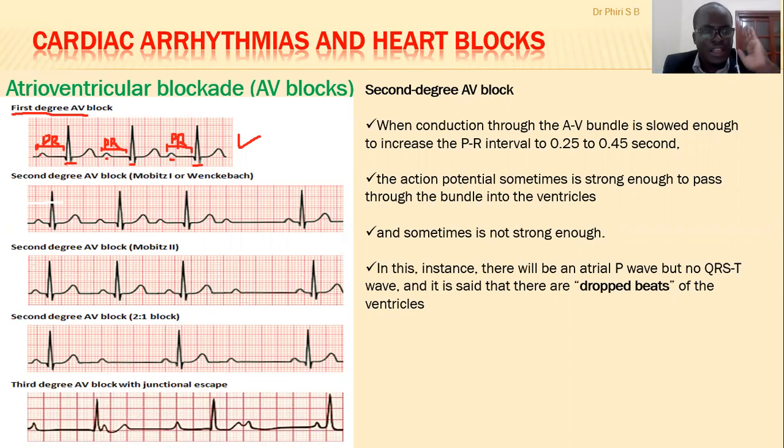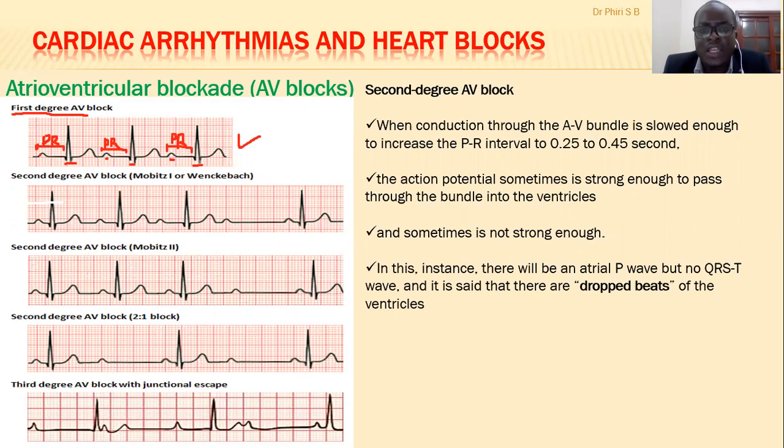Then you have the first degree heart block, which is a partial heart block, meaning that there's just a slowdown in the conductivity of action potential, but each and every P wave will manage to go through the AV node to the ventricles. So you have the first degree heart block, and then you have the second degree AV block.